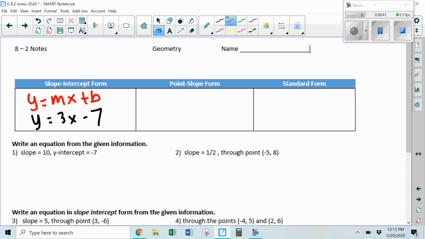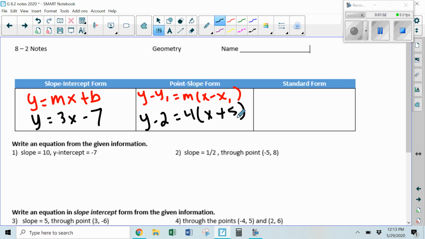Point slope form is less familiar. It looks like this: y minus y1 equals m times x minus x1. An example could be y minus 2 equals 4 times x plus 5. In this, the name is point slope, so the point comes from this x1, y1, and the slope is the m.